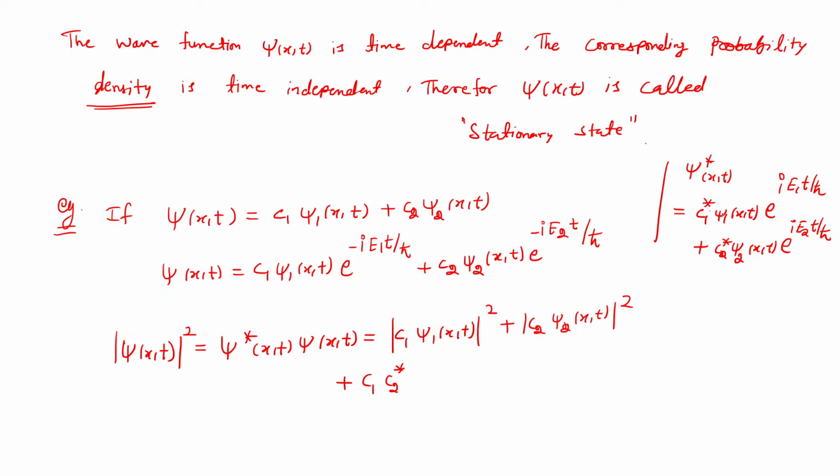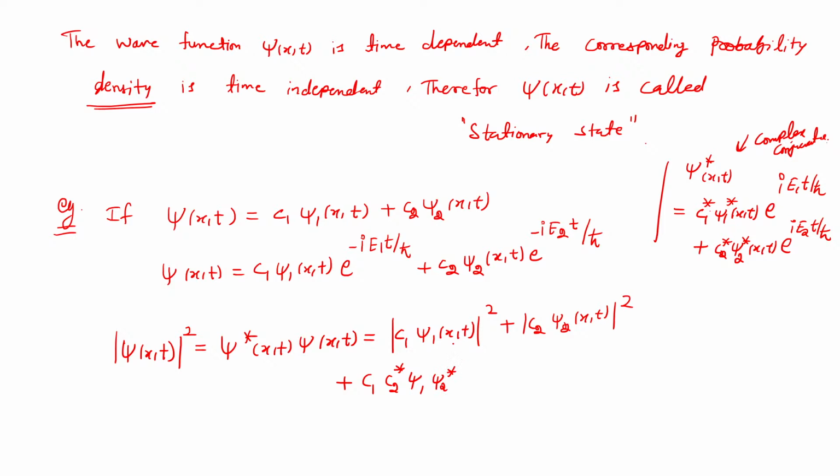You can mention this star also. Here all this is basically just complex conjugate, you are just doing complex conjugate here. So in that case, C1 C2 star psi 1 psi 2 star.